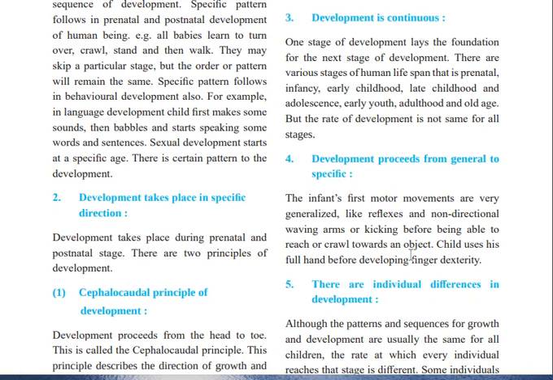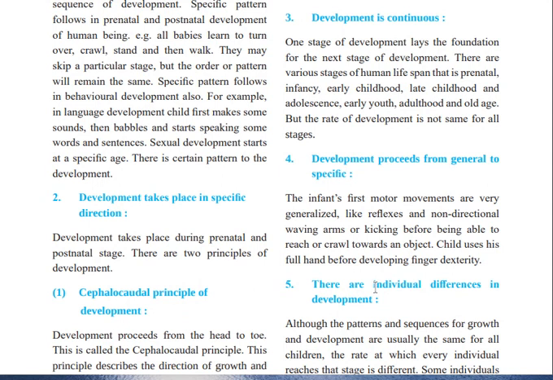We can say that a child can first crawl, then walk. Everyone knows that. Like reflexes and non-directional waving of arms or kicking before being able to reach or crawl towards an object. As I said, the child uses his full hand before developing finger dexterity.